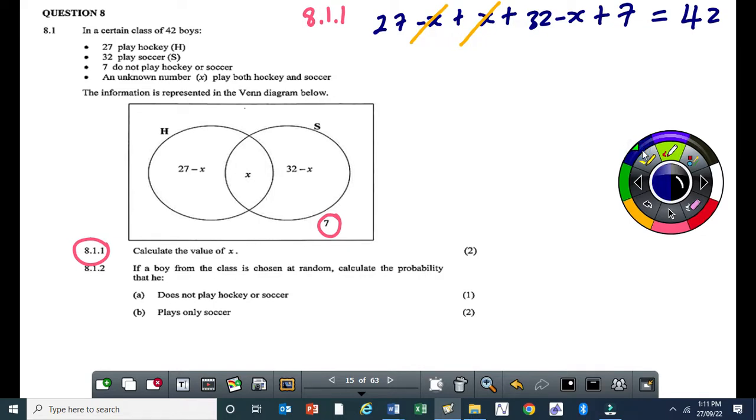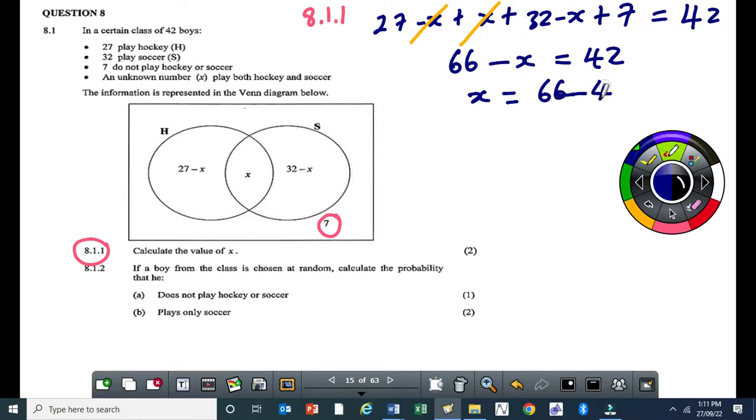27 plus 32 is 59, plus 7, you will get 66 minus X equal to 42. So your X is going to be 66 minus 42.